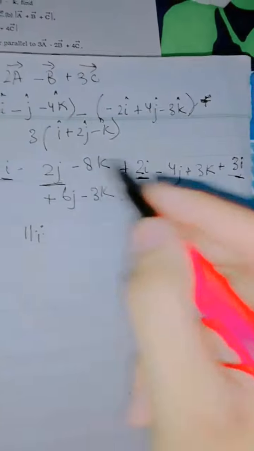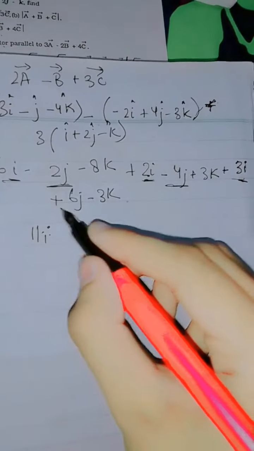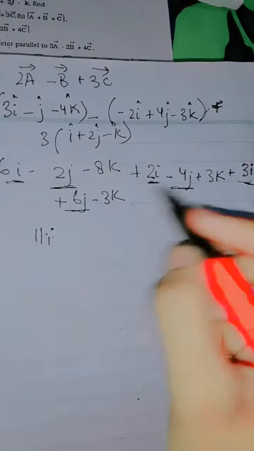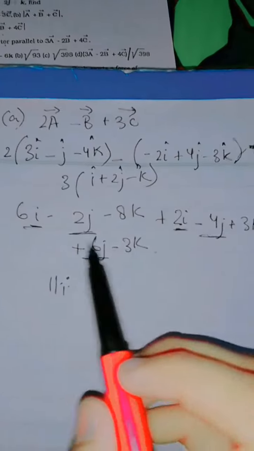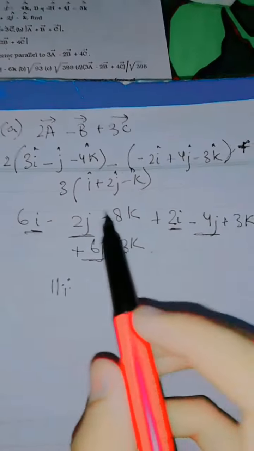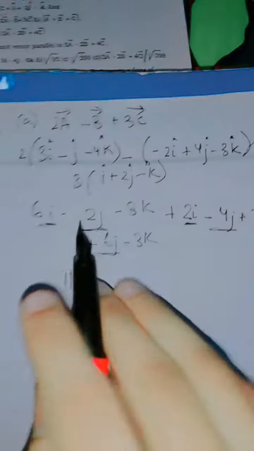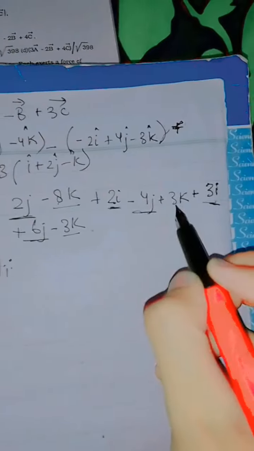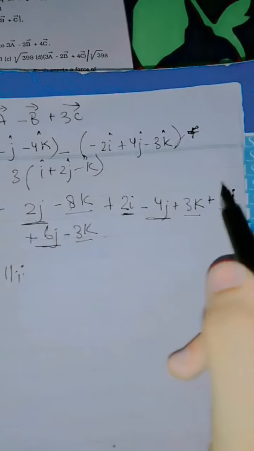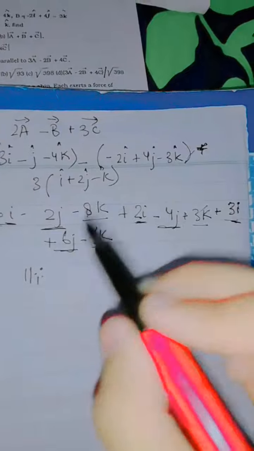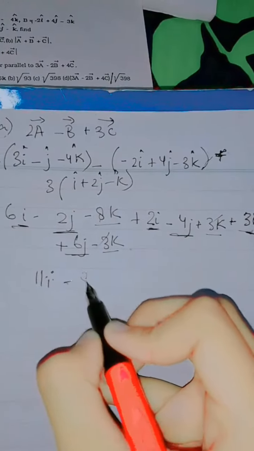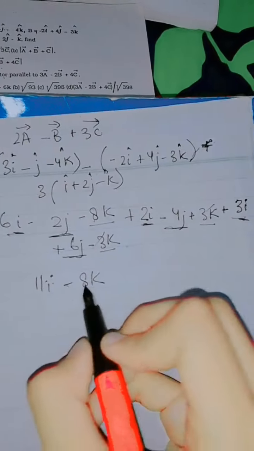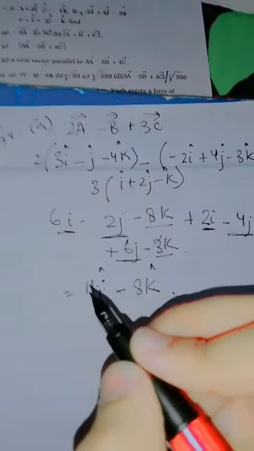Now taking the j value, it will be minus 2 minus 4 plus 6. Minus 2 minus 4 will be minus 6, and minus 6 plus 6 cancels, so there will be a 0. j will not be written now. Minus 8k minus 3k plus 3k. Minus 3k plus 3k cancel. There will be minus 8k. So 11i minus 8k is the answer.